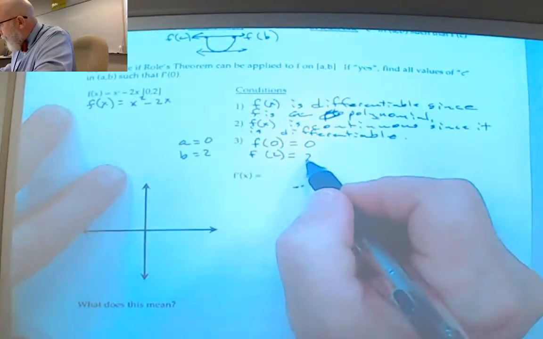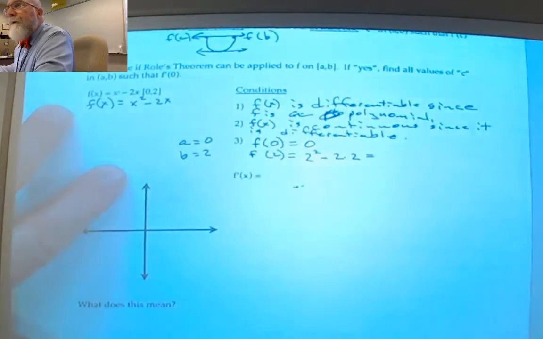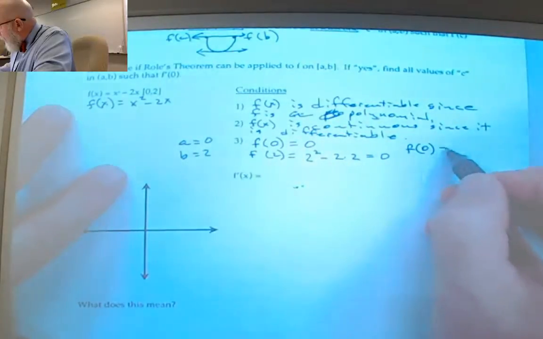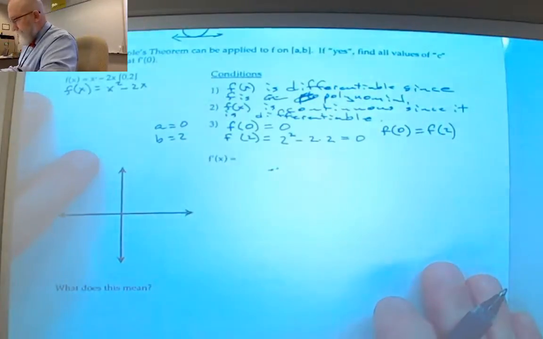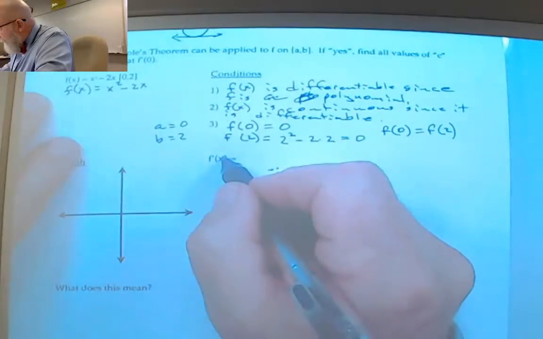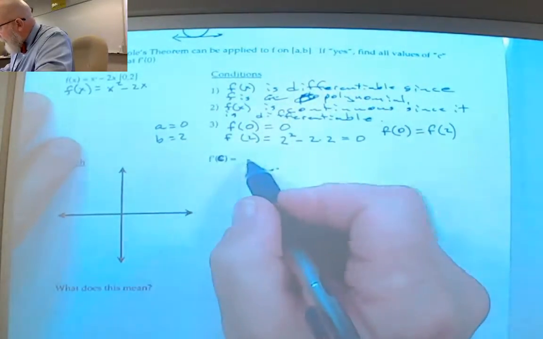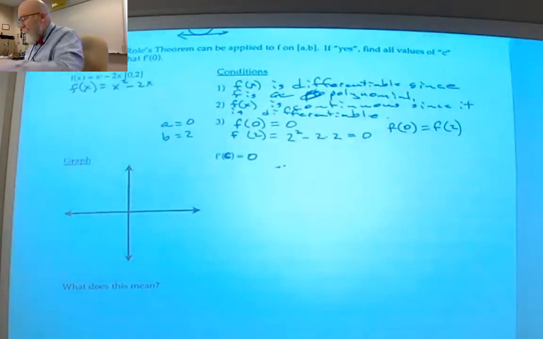Well, I'm going to have 2 squared minus 2 times 2. What is that? Isn't that 0 also? So that means f of 0 equals f of 2. So that means this should not be an x, this should be a c. That means there has to be a c that's equal to 0 if I put in the derivative.